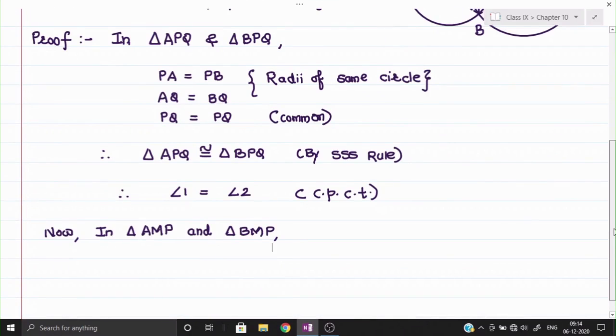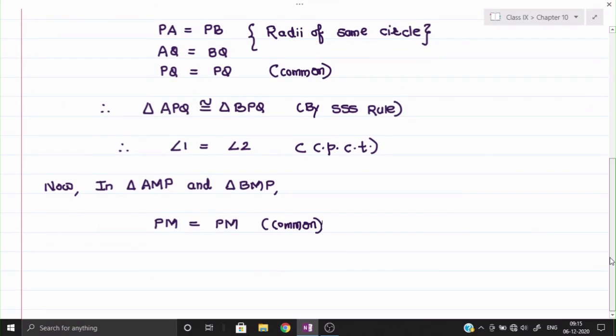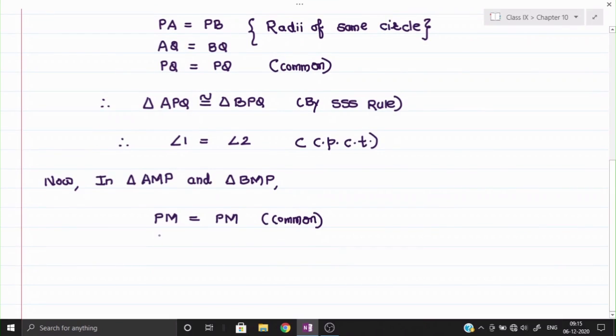So in triangle AMP and triangle BMP, first of all we have PM is equal to PM, that is common. Second, we have AP is equal to BP. That we can say, radii of the same circle.